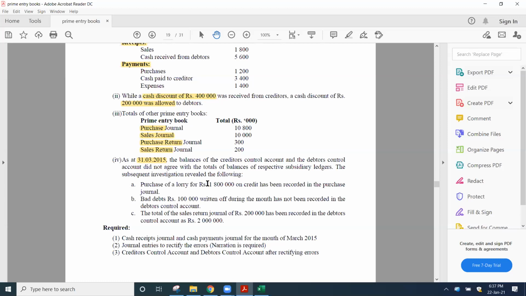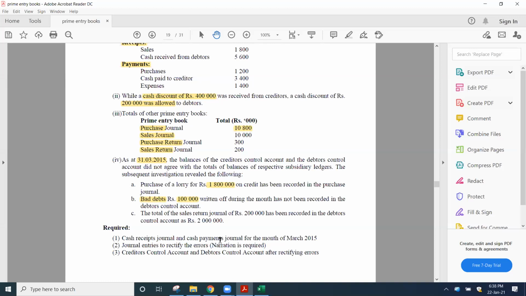Purchase of a lorry 1.8 million on credit has been recorded in the purchases journal. So here this purchases journal include 1.8 million, which is a purchase of a lorry. Bad debt 100,000 written off during the month has not been recorded in the books in the debtors control account.